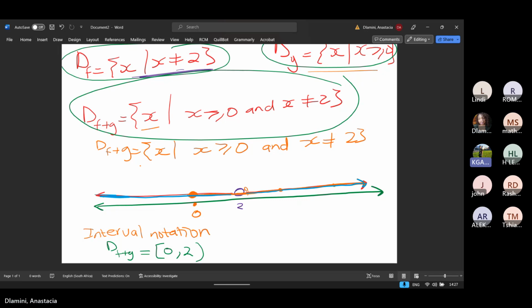And intersect. Not intersection, union. Union. Yes. 0 included. Why are you including 0 now? Union. Open brackets. Get it right. Open bracket.